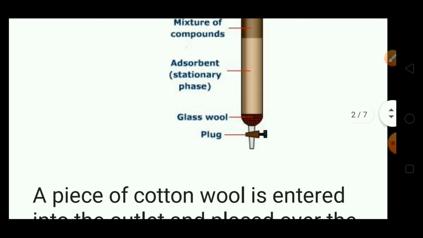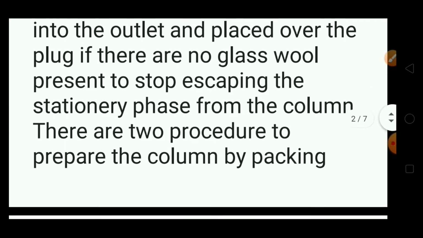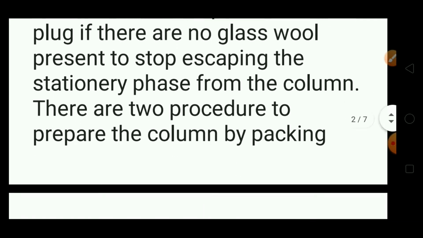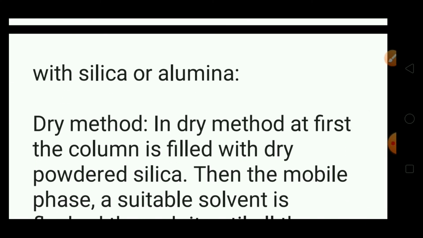In the bottom is the stationary phase. There are two procedures to prepare the column by packing with silica or aluminum. First is the dry method and second is the wet method.